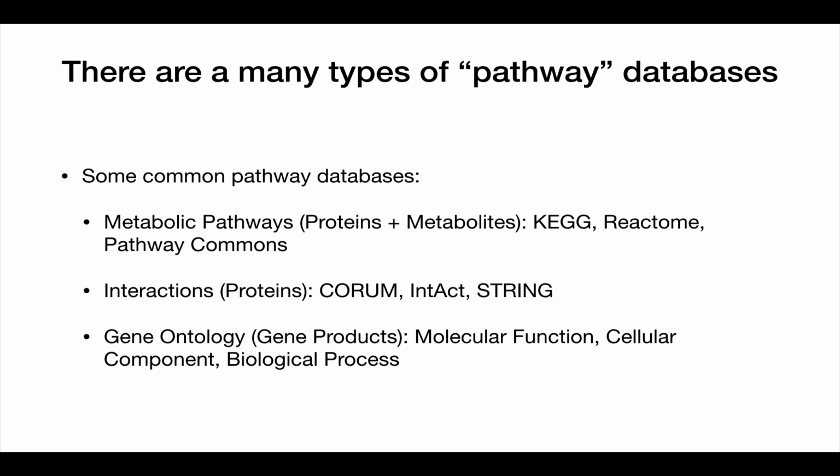All these 3 are actually resources that contain information about proteins as well as metabolites. So these can be great sources of information if you want to integrate data from, say, proteomics or transcriptomics experiments with metabolomics experiments.